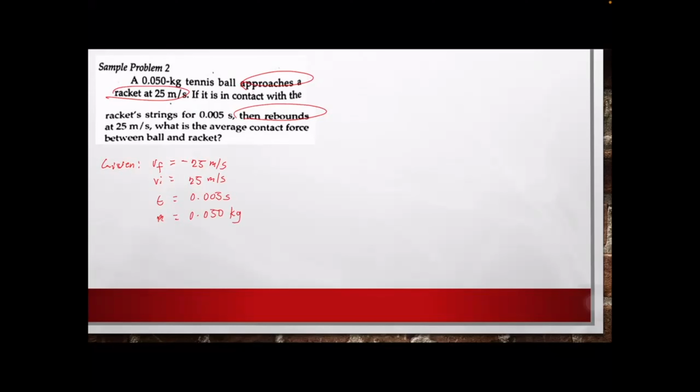Then find F for the force. Now the formula is F is equal to ma. Wala tayong a. So to find a muna tayo. In finding a, gamit tayo ng previous formula natin, that is vf minus vi over time.